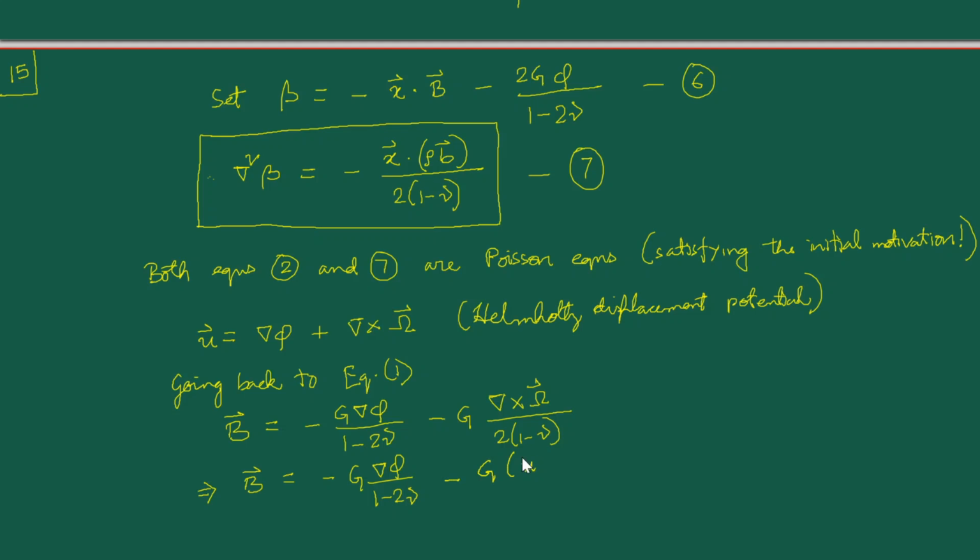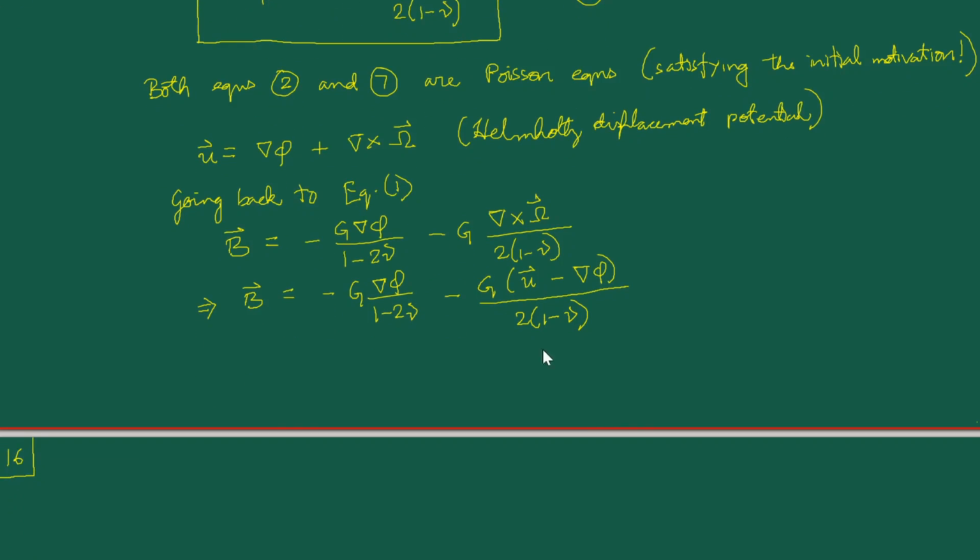This is simply u vector minus grad of phi. This is the part where you have to do a little bit of algebra, and you note that this can be further simplified a little bit.